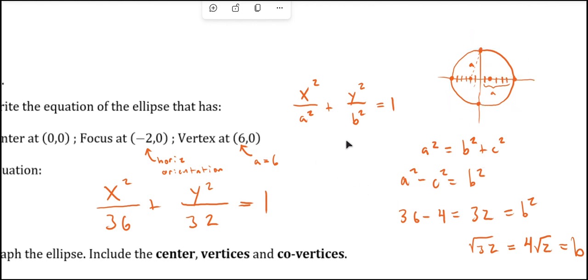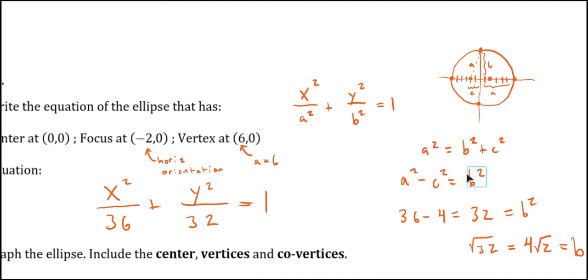So what we get is this picture like this. And what we're looking for to get this in standard form is the value of b. Now, there is a Pythagorean relationship between a, c, which is the distance to the focus here, this guy right here is c, and then b, half the length of the minor axis, the distance from the center to a co-vertex. These have a Pythagorean relationship because it forms a right triangle.